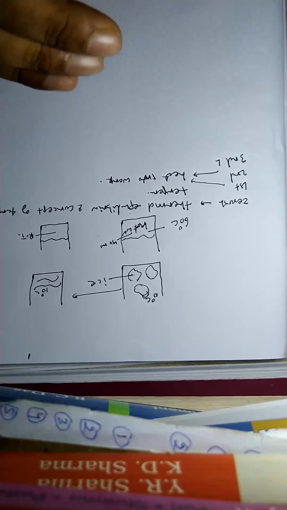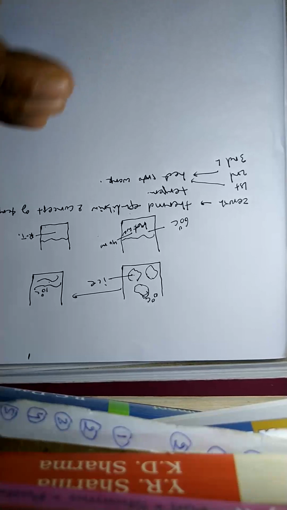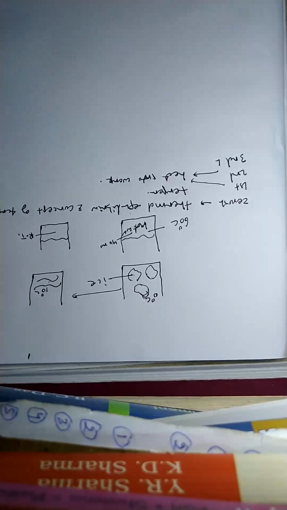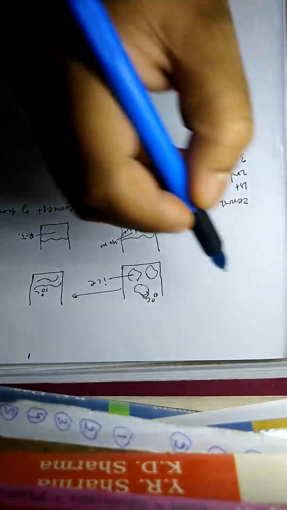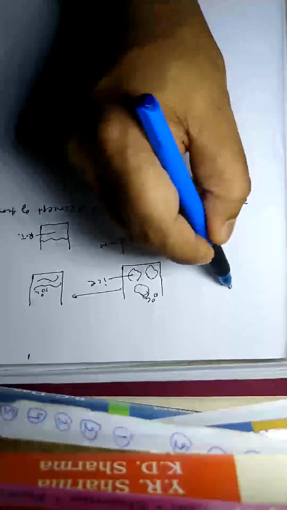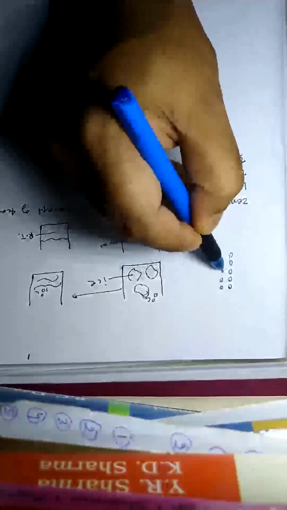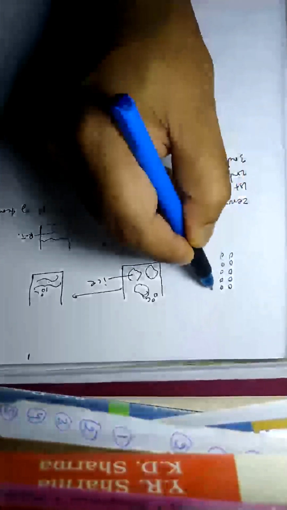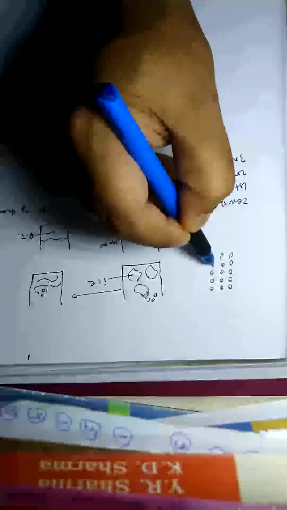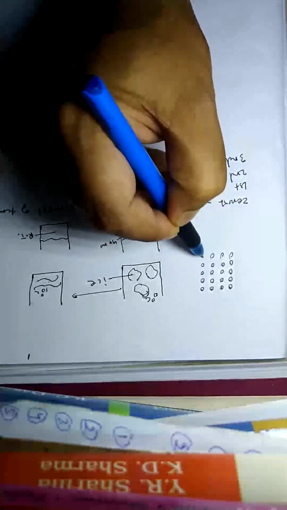It also tells you the principle of increase of entropy. Entropy means the amount of disorderliness in a system. Suppose these are the atoms, all in an ordered form. This is only possible at 0 Kelvin.